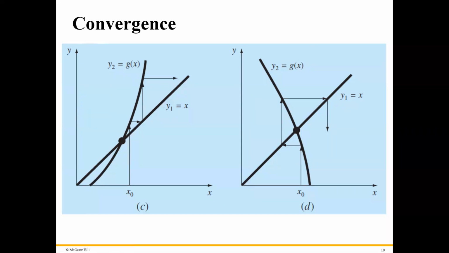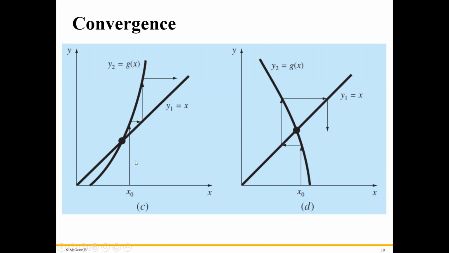So one side of the equation is always equal to x, but the other curve can be any. In this case, this curve is something like this, and the other curve is something like this. But in this case, the solution will not converge.